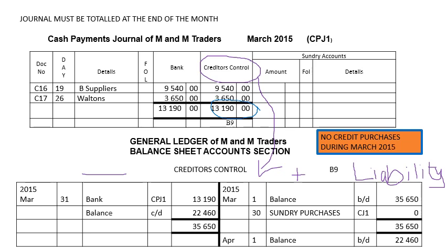Part of the information was there were no credit purchases, so I actually wrote in credit sundry purchases here just to remind you that if we did buy on credit, this would be written as sundry purchases. It comes from the CJ, but in this case there was nothing.